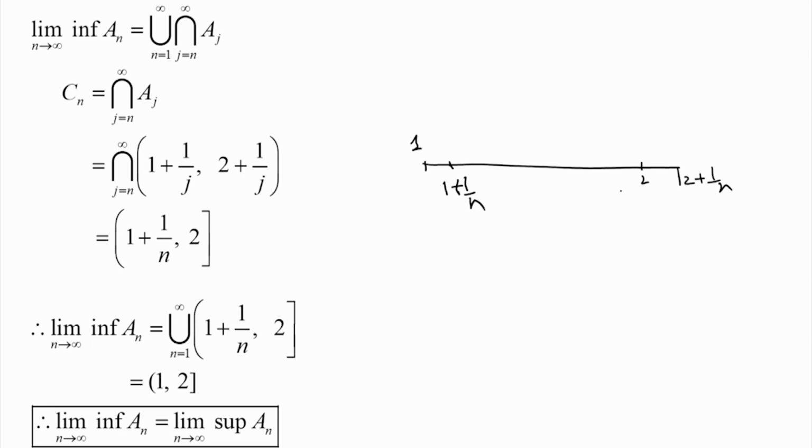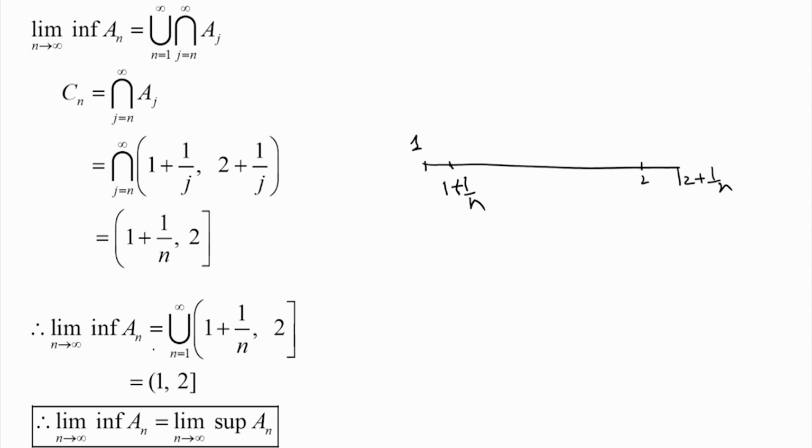Now, we will take the intersection of this sequence. For different n, this will come to the left hand side, and this one also will come to the left hand side, and if I take the intersection of all the intervals considered, then we will get this semi open interval (1 plus 1 by n, 2], which is closed at the right hand side. Now we have to find out the union of C_n.